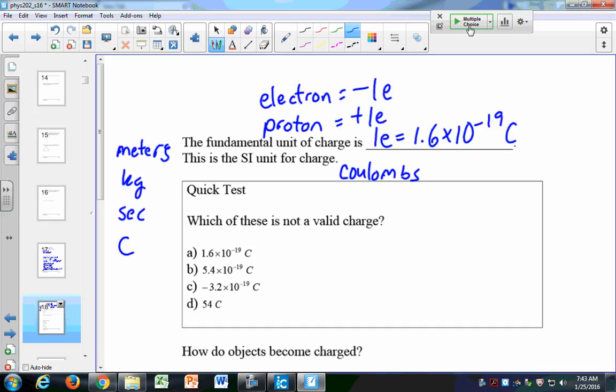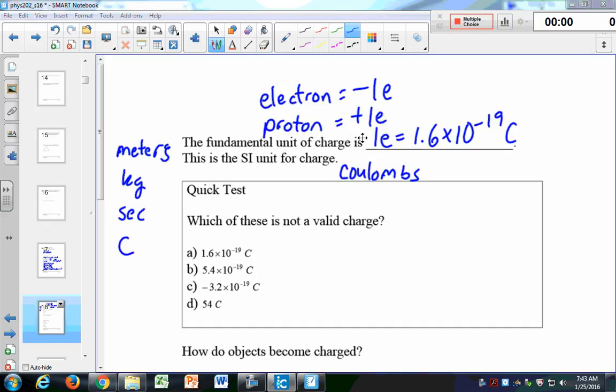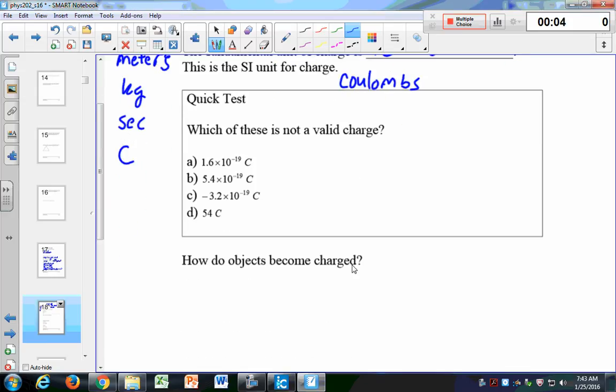All right, let's try this little quick test. Which of these is not a valid charge? Is it 1.6 times 10 to the minus 19, 5.4 times 10 to the minus 19, negative 3.2 times 10 to the minus 19, or 54 coulombs?